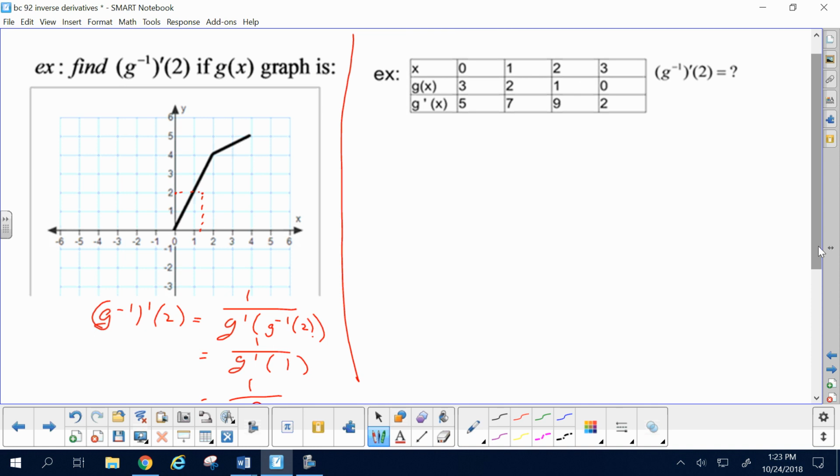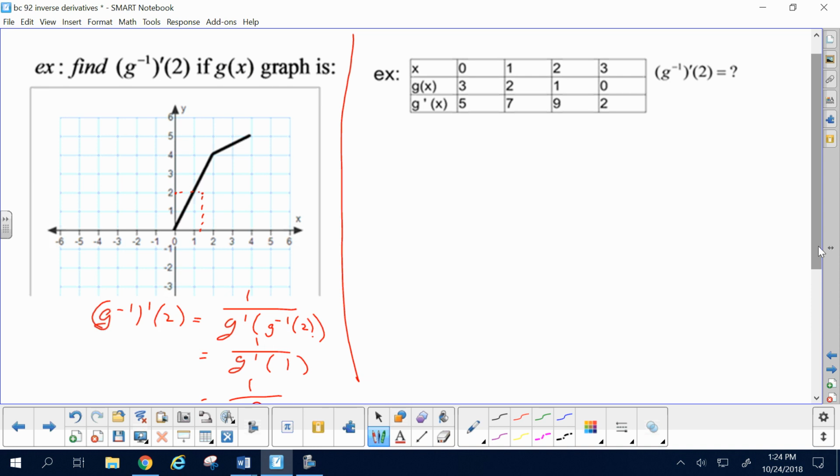Nice. So they both end up having 1 over g prime of 1. That's the mission. That's weird. I think apparently you're right. Inverse at 2. Okay, so then, Mr. Rickman, wouldn't it be g prime of 4?